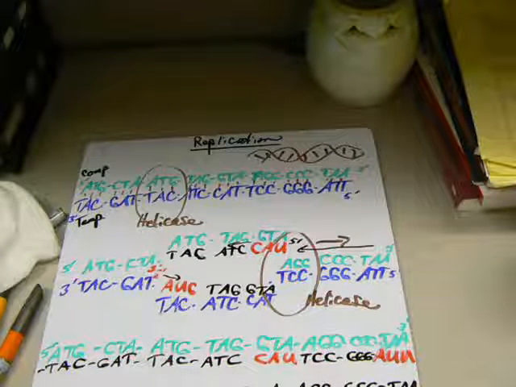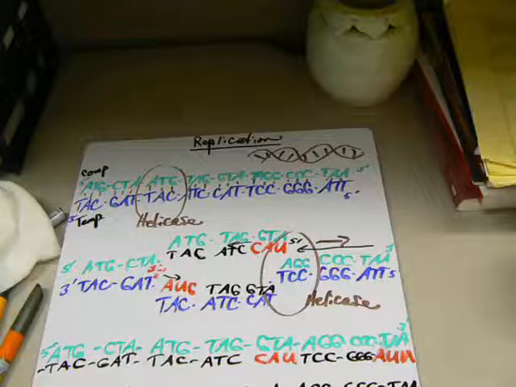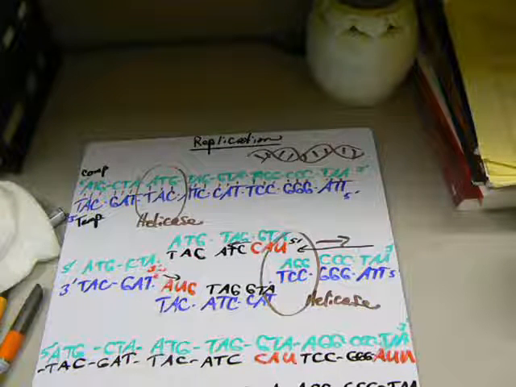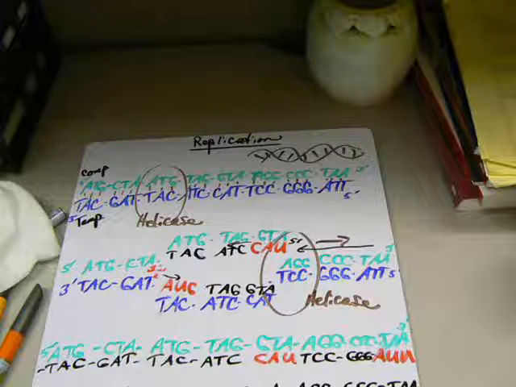We don't want those RNA primers there because RNA isn't as stable as DNA. Think of it as having a shorter expiration date. It's going to go bad, taste sour, within a couple of weeks, whereas DNA will last years.